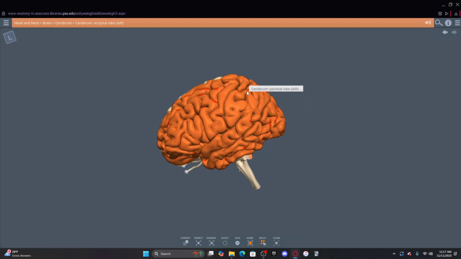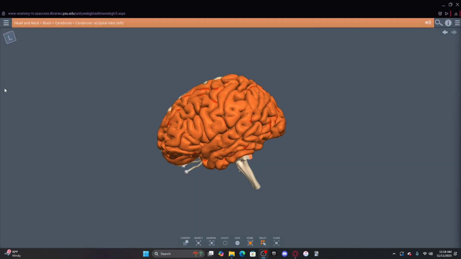Just the ridges. This entire thing is the cerebrum. Cerebral cortex would be these individual ridges, outer layers, and that would be known as gray matter. Inside is known as white matter. Now that we have that, let me make sure that we went over all the structures. Okay, so now we have that.